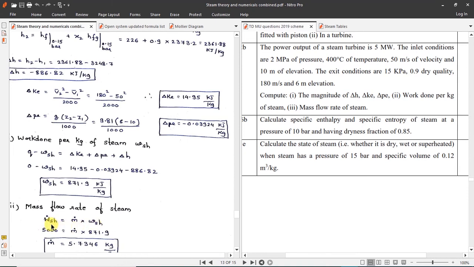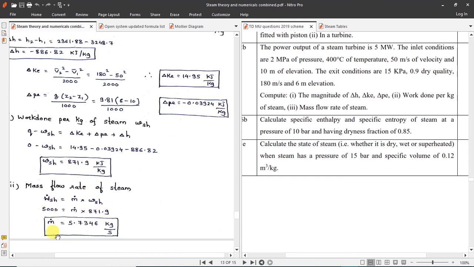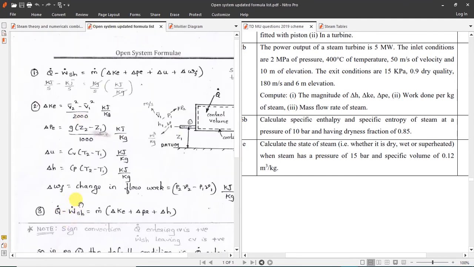So this power is given as 5000 kilowatt equal to M dot multiplied by the value we just calculated. So you will get the mass flow rate of steam. This method is the simplest one. You can even use this formula where you substitute the value of W dot shaft as 5000 kilowatt.